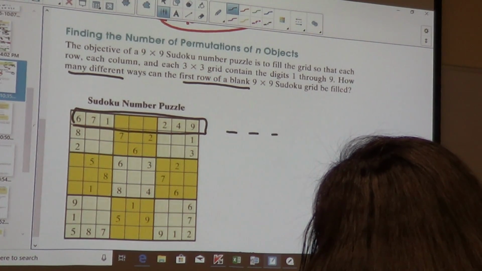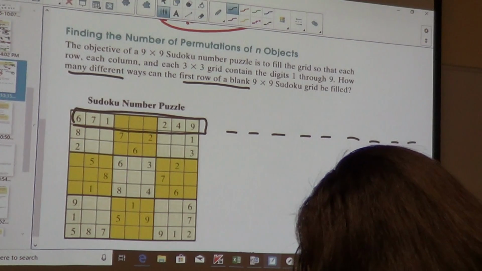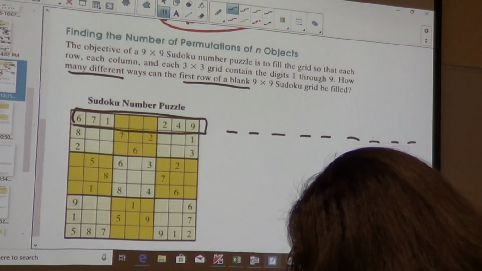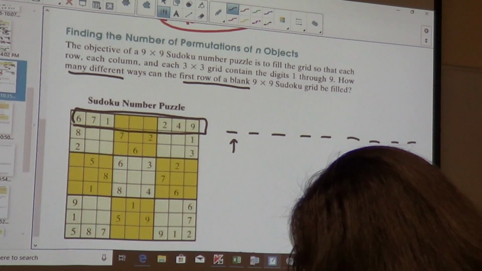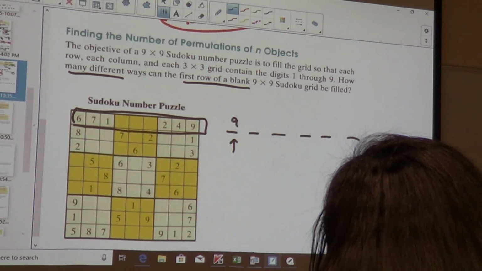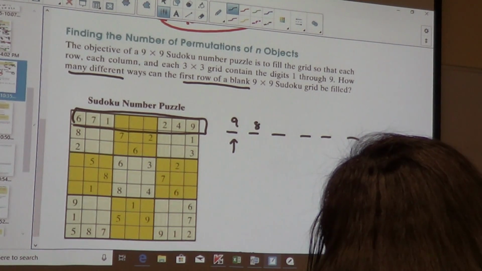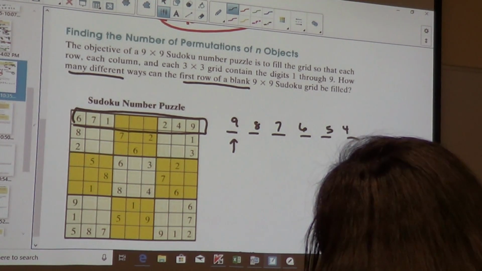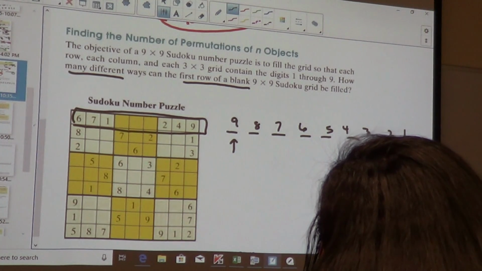So you have 9 boxes: 1, 2, 3, 4, 5, 6, 7, 8, 9. If they were all blank, how many choices do you have for that first blank? 9. And once you put that there, 8, 7, 6, 5, 4, 3, 2, 1.